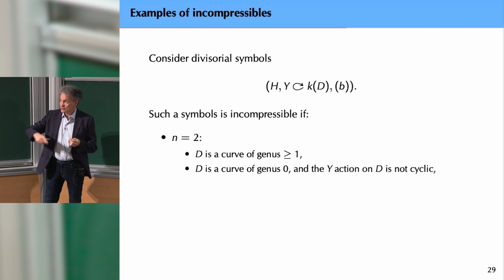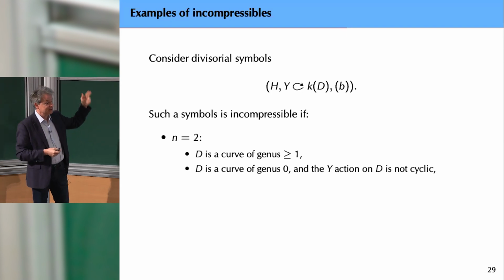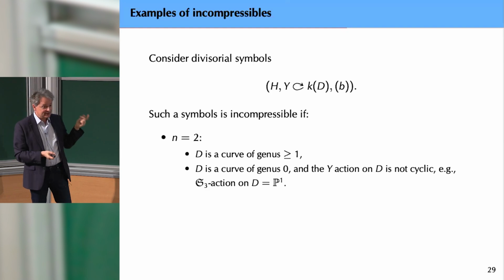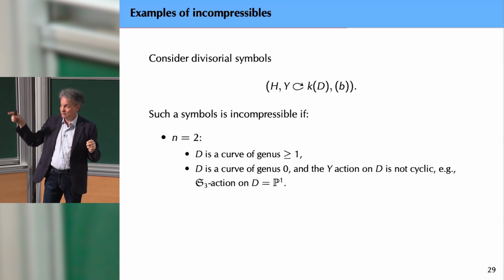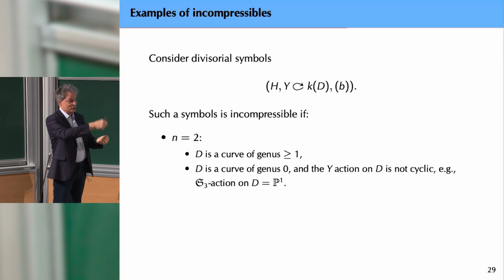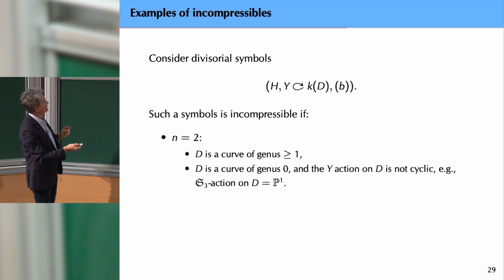But with one of those actions, I gave you some actions on P1 before, the moment you have a non-cyclic action on that P1, it's an incompressible symbol. And that allows to distinguish those actions on P2, like character plus 2-dimensional that I gave you before. Because you get the projectivization of the representation of S3, and that will be exactly an incompressible symbol like this.